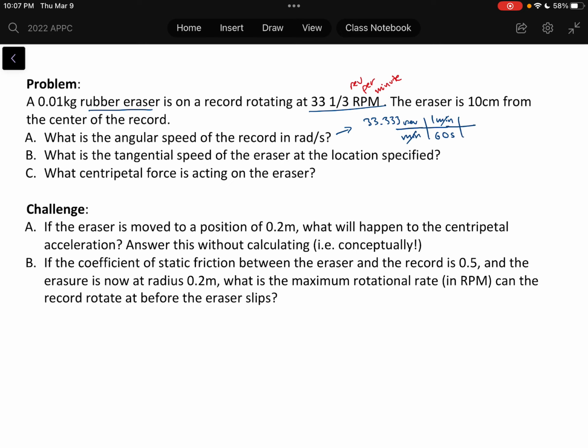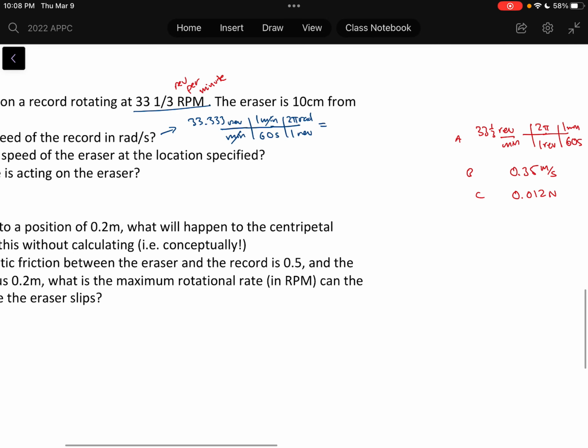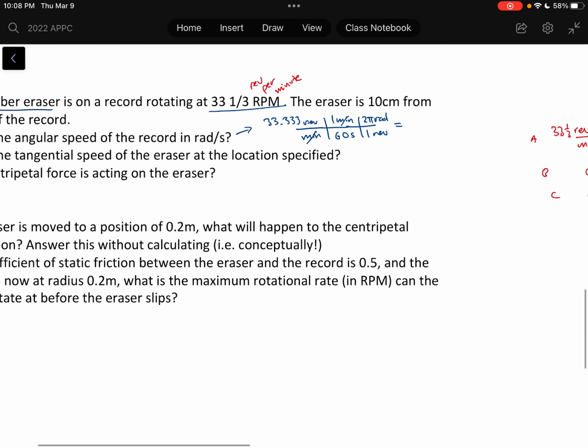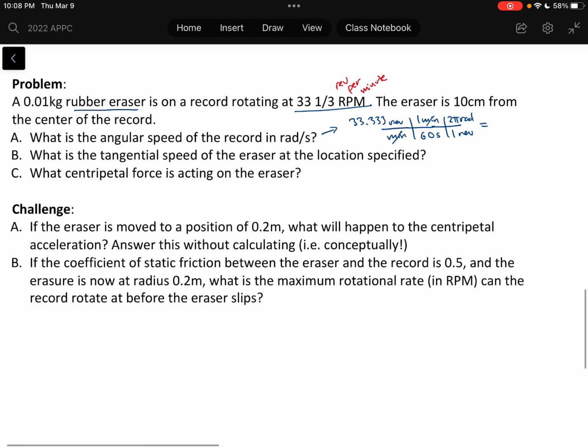Then we continue and say that 1 revolution is equal to 2 pi radians. We do the conversion, and I've already got the answer right there. We get 3.49 radians per second. Just a little exercise with conversion.